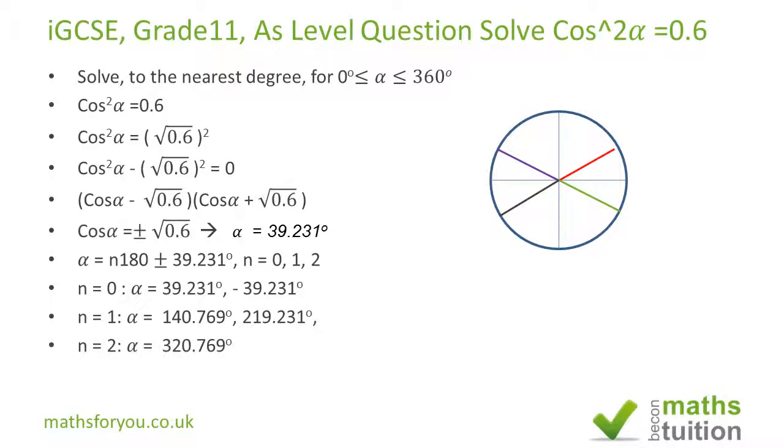Right, if n is 2, 2 times 180 is 360. Now if we add 360 to that 39.231 degrees, it will exceed our required range. So we ignore adding that to 360, but you can subtract that 39.231 degrees from 360, and we end up with 320.769 degrees, and that will be this angle here, the green.